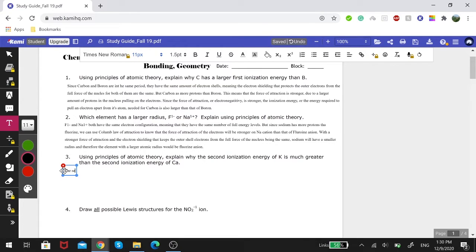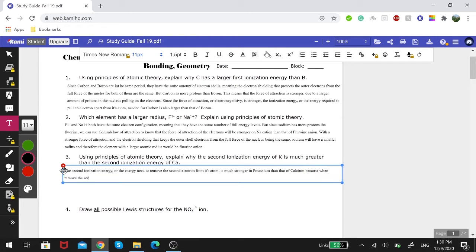The second ionization energy, or the energy needed to remove the second electron from its atom, is much stronger in potassium than in calcium, because when removing the second electron of potassium, which only has one valence electron, we will need to jump a whole energy level that is closer to the nucleus.